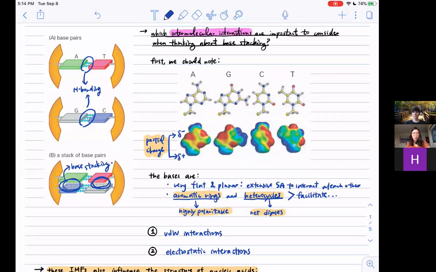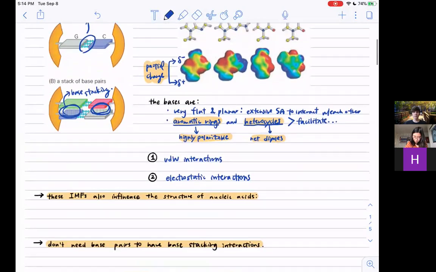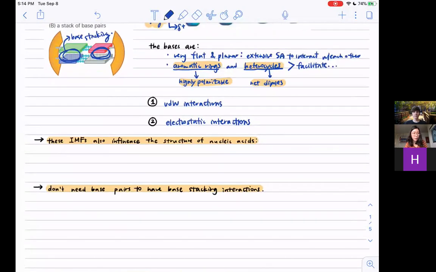Okay, and so next, I want to talk about the influence of IMFs on the structure of the nucleic acids. So you hopefully today learned about different forms of DNA, A form, B form, and how they have different turns per base pair.